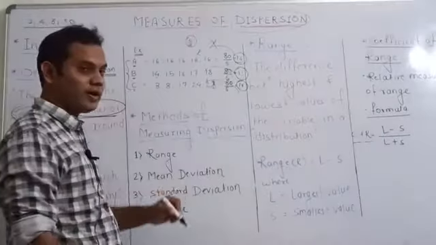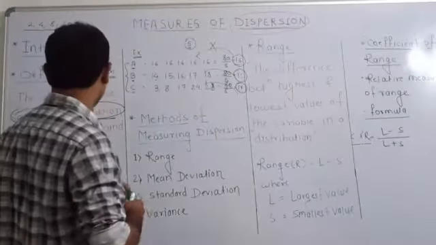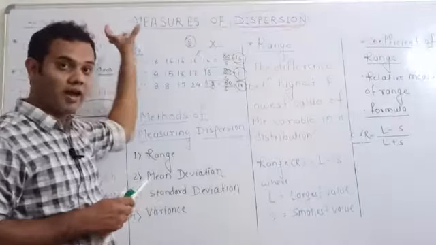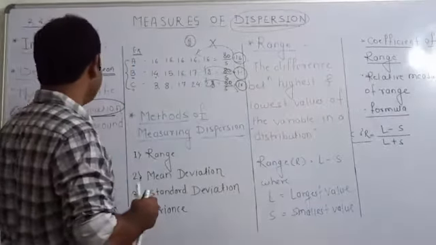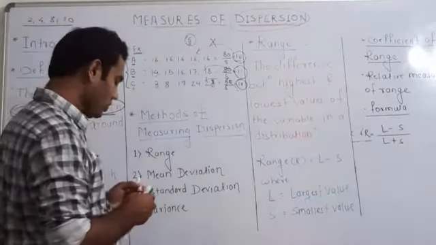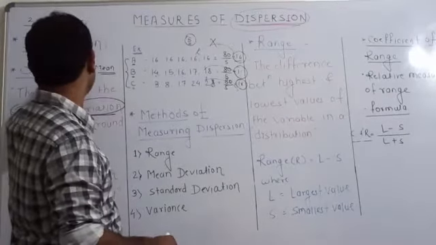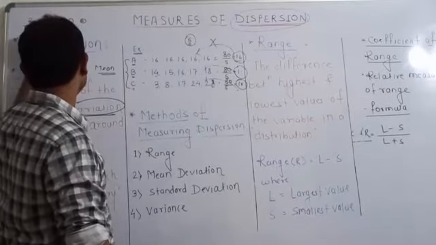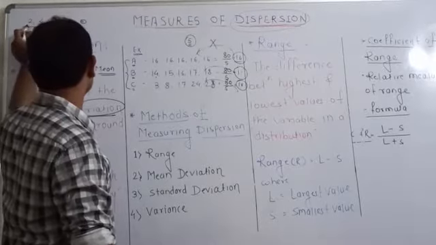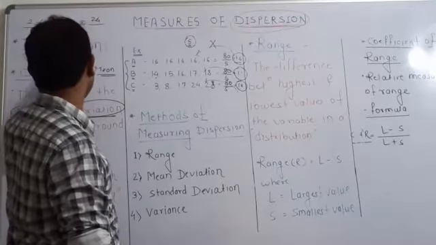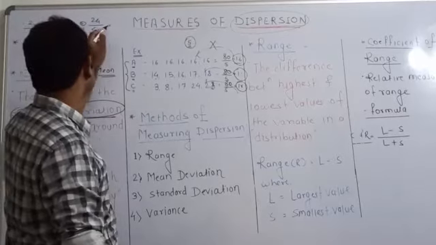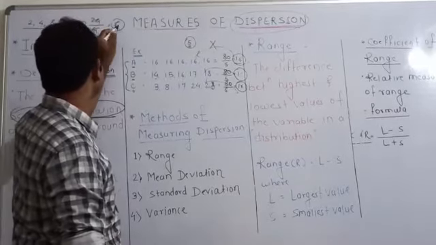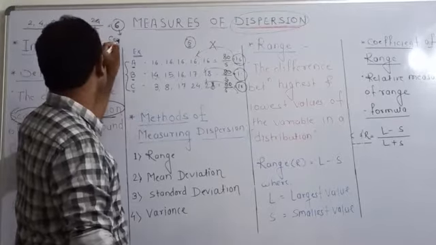If you want to find out the dispersion, how the individual observations vary from a central value, first of all you have to find the central value. Central value means average. 10 plus 8, 18, 18 plus 4, 22, 22 plus 2, 24. 24 by 4 becomes 6.